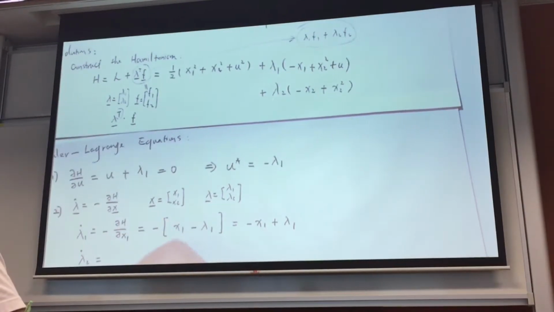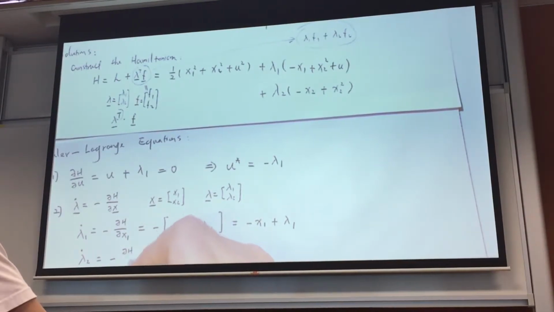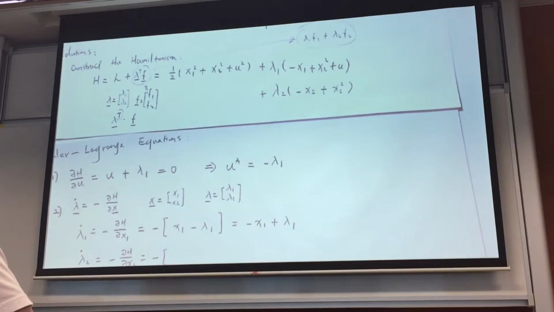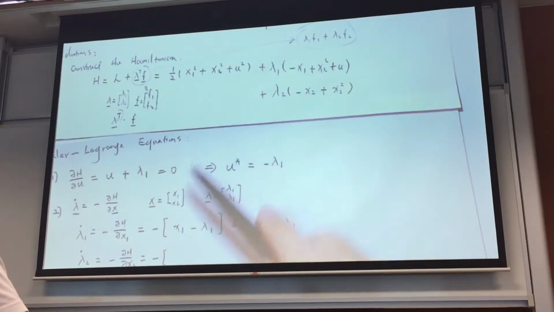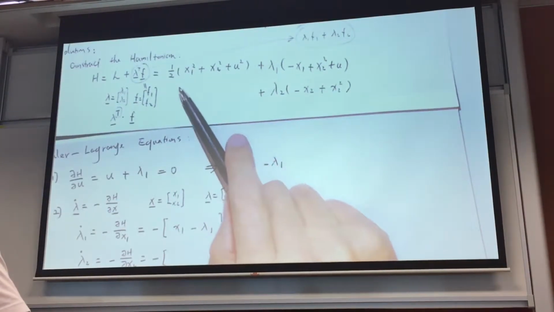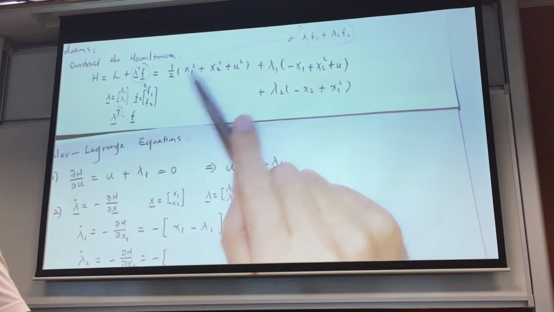So lambda 2 dot is given by minus dH/dx2. In the equation for H, the x1 squared term will be 0, and this x2 squared will give 2x2. So we got x2. The u squared term will be 0.